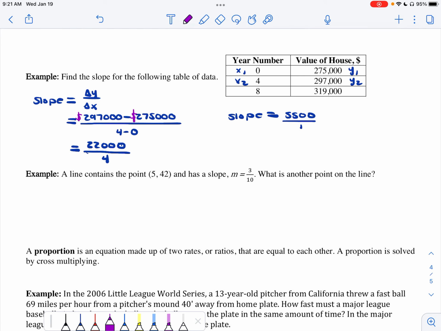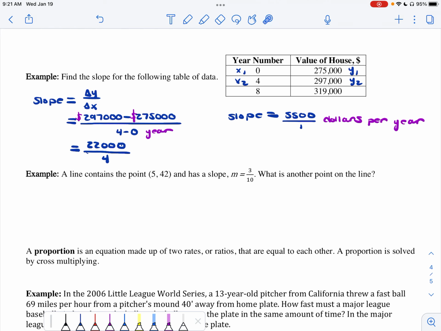I'll just add my dollars up there. And the denominator was looking at years. Okay, so our slope here then is a measurement of dollars from the numerator. Remember, the division translates to the word per, and then years in the denominator. So our slope is $5,500 per year.